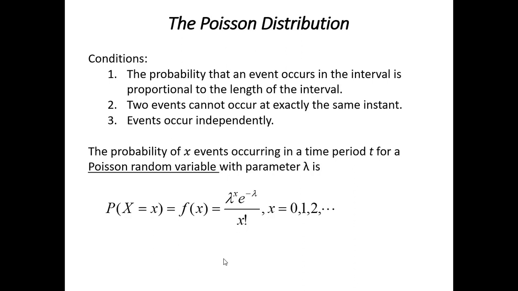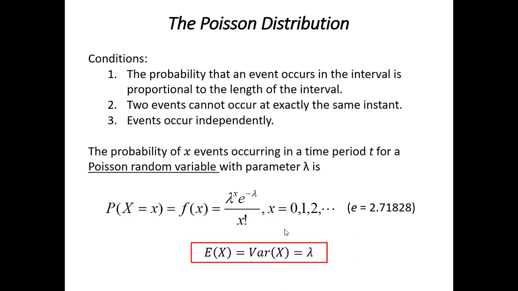And we have a nice formula to calculate these probabilities. Our formula looks like this. The probability that our random variable X is equal to x is given by lambda to the x times e to the minus lambda, divided by x factorial. And this parameter lambda we can think of as the average rate of occurrence.